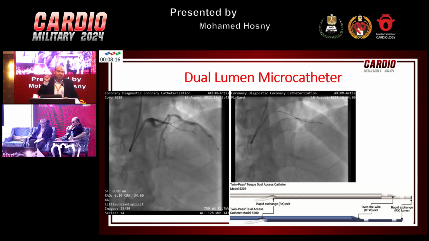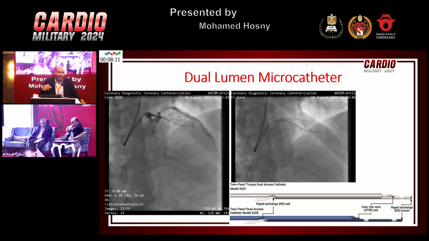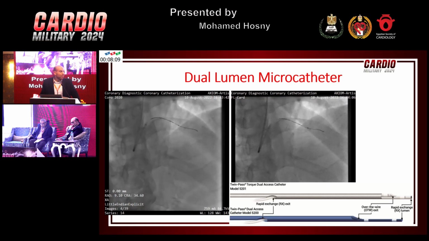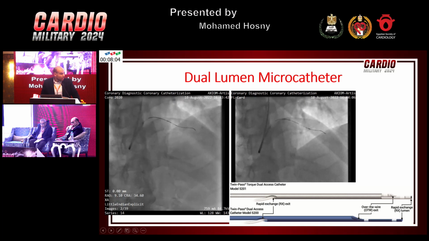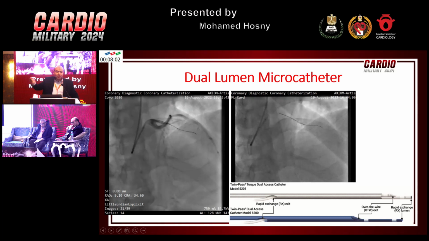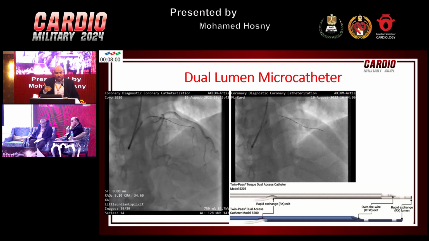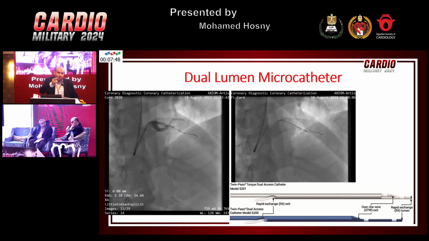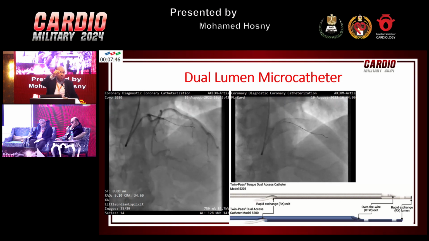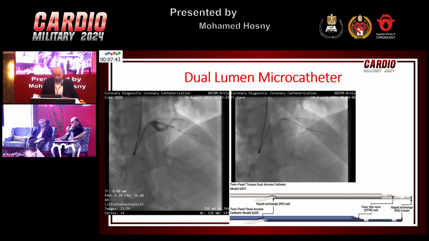As you all know, the tip of the microcatheter has a monorail exchange design, and the over-the-wire lumen comes more proximal at this knob. We have two knobs, one at the tip of the microcatheter and the other more proximal at the over-the-wire port. We can introduce our dual lumen microcatheter and withdraw it, rotate it left, right, and negotiate cautiously and bypass our wire through it into the main vessel.